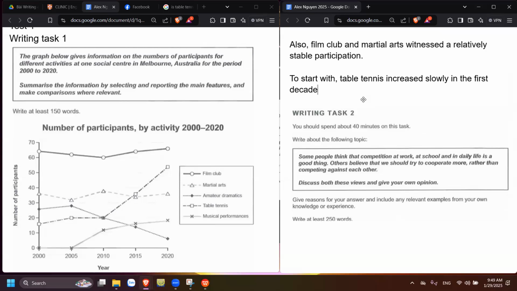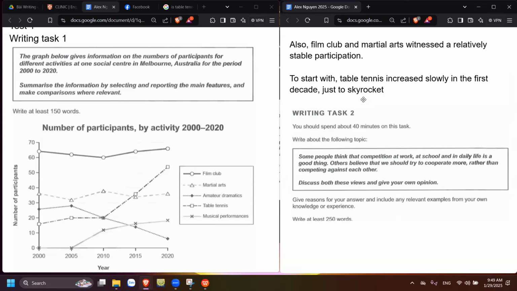Decade means 10 years. Increase slowly in the first decade, just to skyrocket. You know, skyrocket means it increased very quickly, significantly. Just to skyrocket.